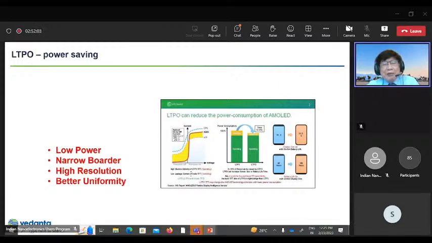Generally speaking, for the switching part, we can save 10%, for example, a 90 hour duration can extend to 100 hours. That's for LTPO. Next one, please.